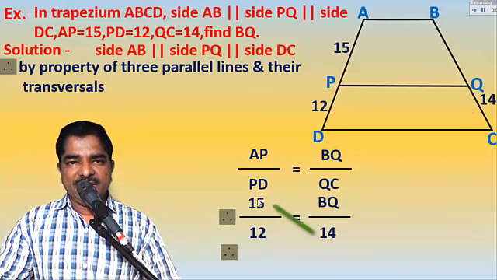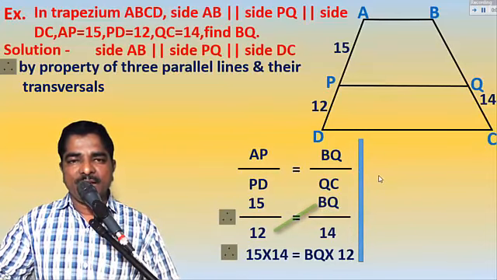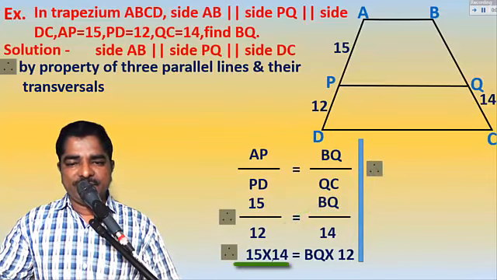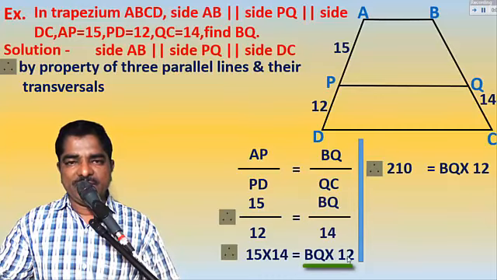Next step is cross multiplication: 15 into 14 is equal to 12 into BQ. Multiplying, 210 is equal to BQ into 12.